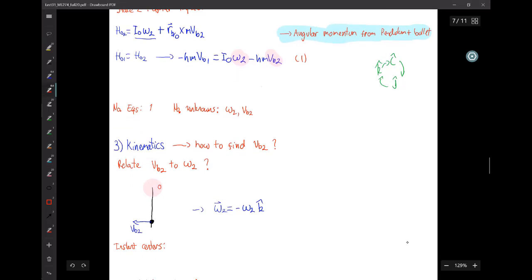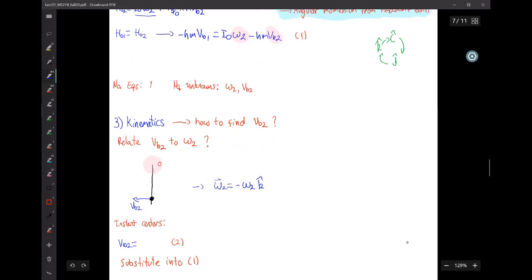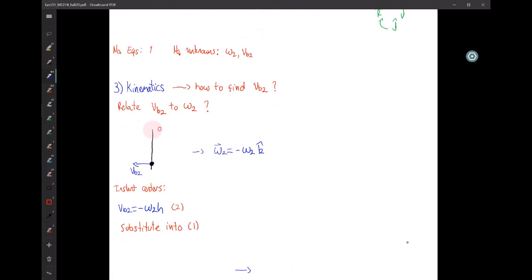But we can just use instant centers to find that the speed is negative also. Angular velocity is negative. Anyways, it's just negative, so it doesn't matter. So this is going to be my equation number 2.